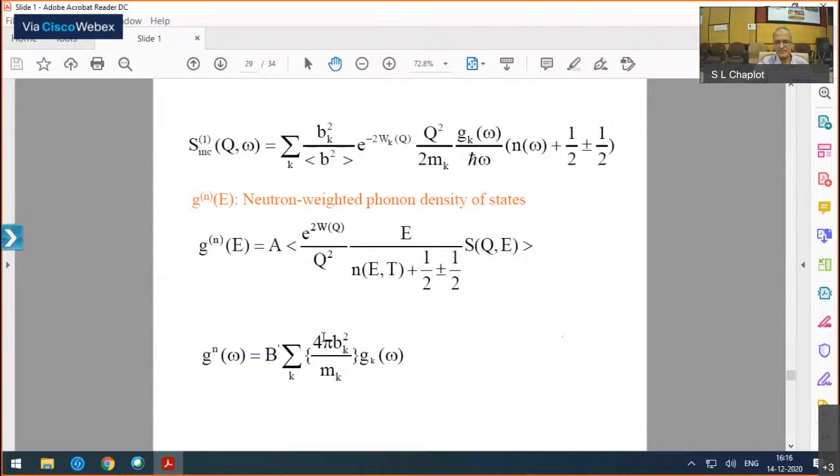So this is a factor. This again is a very important term, because in the measurements, when you have several atoms in the unit cell, the weightage will be higher for those atoms which have a large scattering length and a small mass.